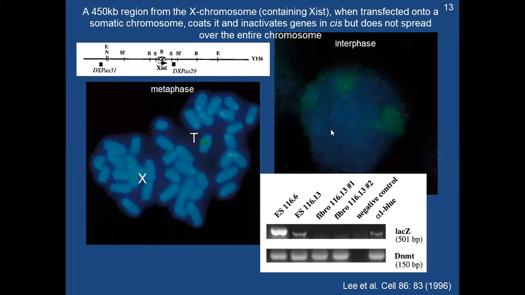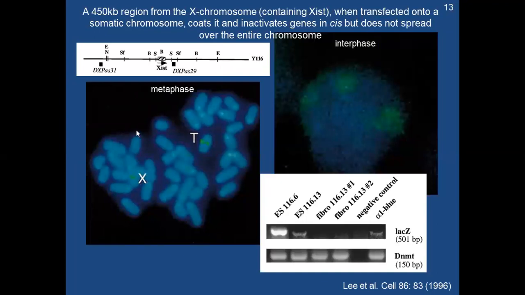In these two that you see on the top, they transfected cells with a construct that expressed Xist. Then they did in situ hybridization using probes corresponding to this construct. Because this is a stable transfection, they expected the construct to be present in at least some of the chromosomes.